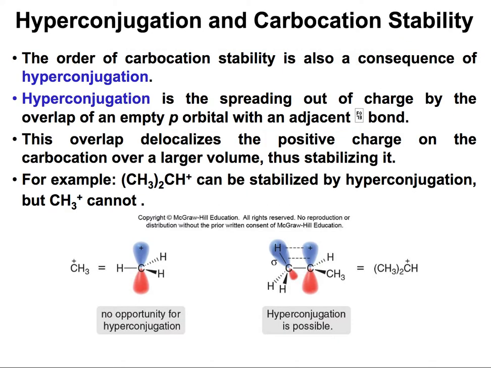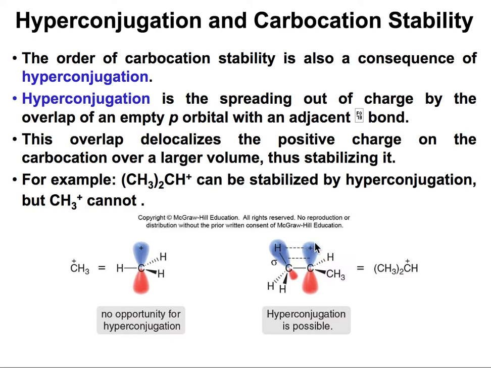Now, the other way of explaining this stability is a bit more complicated and advanced, but I'm going to try. So the carbocation looks like this. When you have an H, there's no extra stabilization. But look at what happens when you have R groups around that carbocation. The carbocation is stabilized by a phenomenon called hyperconjugation.